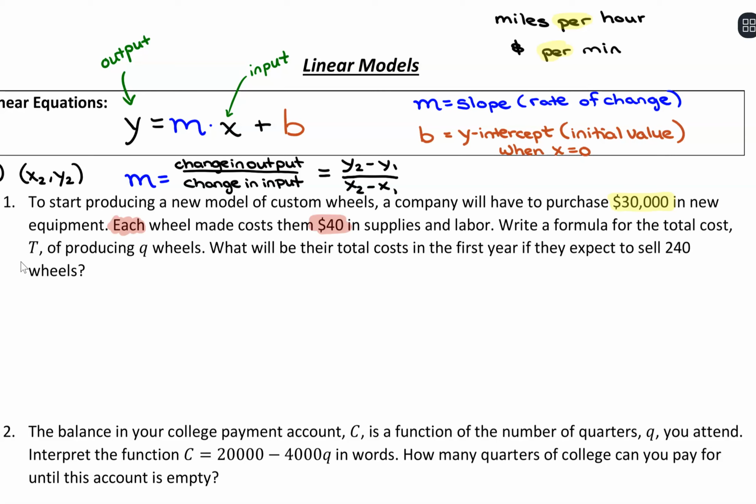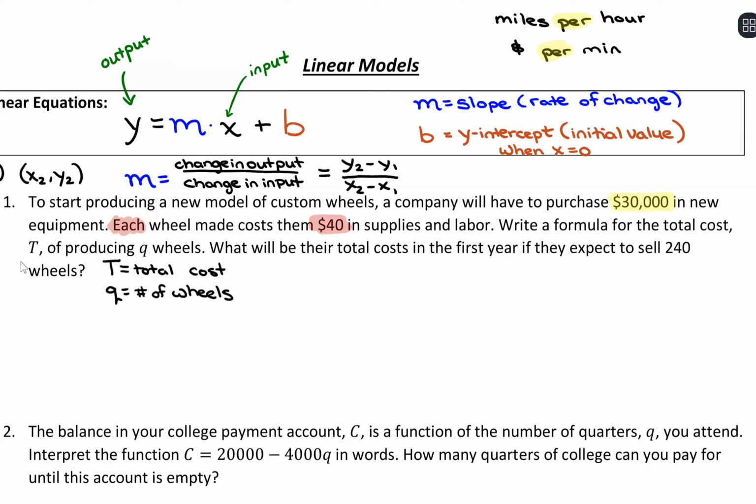Okay, so what we're focusing on here is, T is total cost. I'm just going to write down these variables. Q is the number of wheels. Q is for quantity, so quantity of wheels. And then we have two other pieces of information.